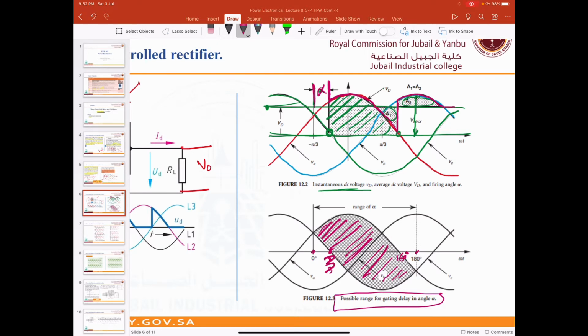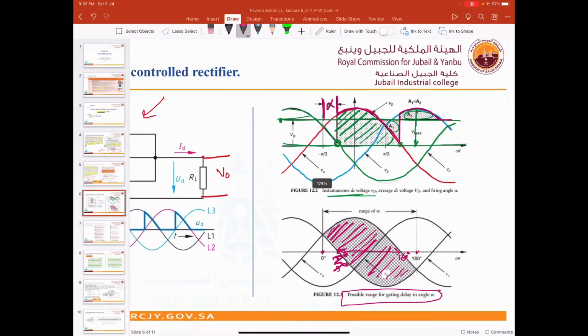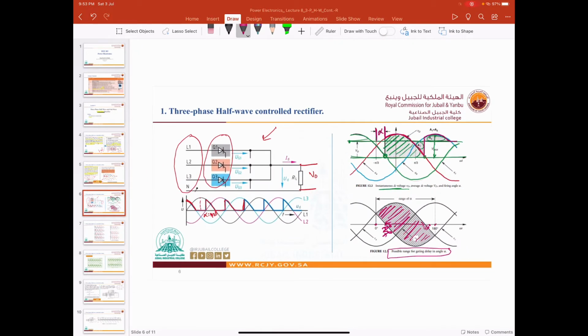So here 30 degree. Let me just make them the same. We will use degree here, not radian. So from 30 up to 160, this is the possible range for alpha. Now after that we will not get output and we will have issues in the system. So practically it is not possible, and you can search for why it's not possible. You can search the internet and you will find the answer.